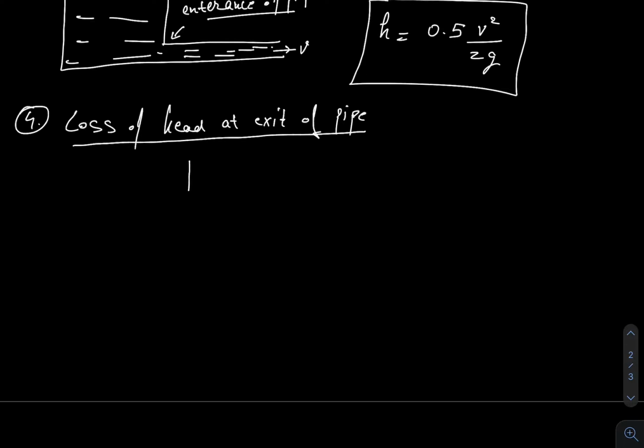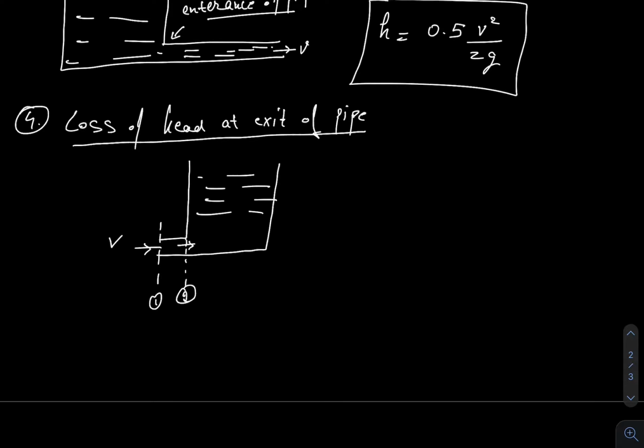Let's say this is my cross section 1, and this is my cross section 2, and I am filling this tank from this side, and fluid is exiting from here into the tank. Let's say here the velocity is V.